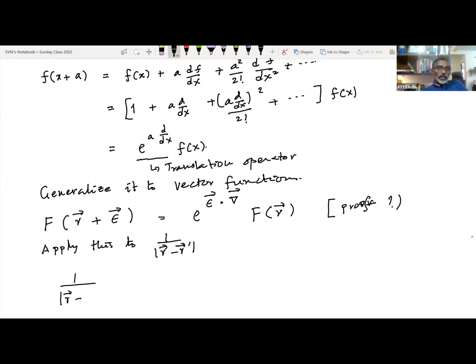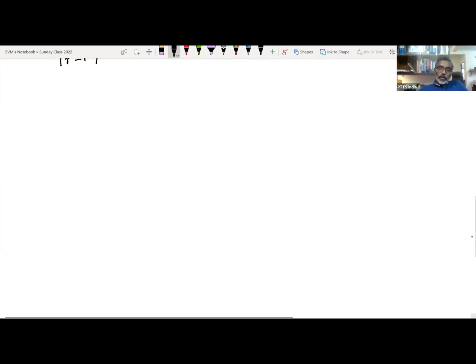So 1 by modulus of r minus r prime, I would like to write it as e to the power minus r prime dot del acting on 1 by r. Okay, so this 1 over r is displaced by minus r prime, and this is the operator which does that job. Okay, so far so good.